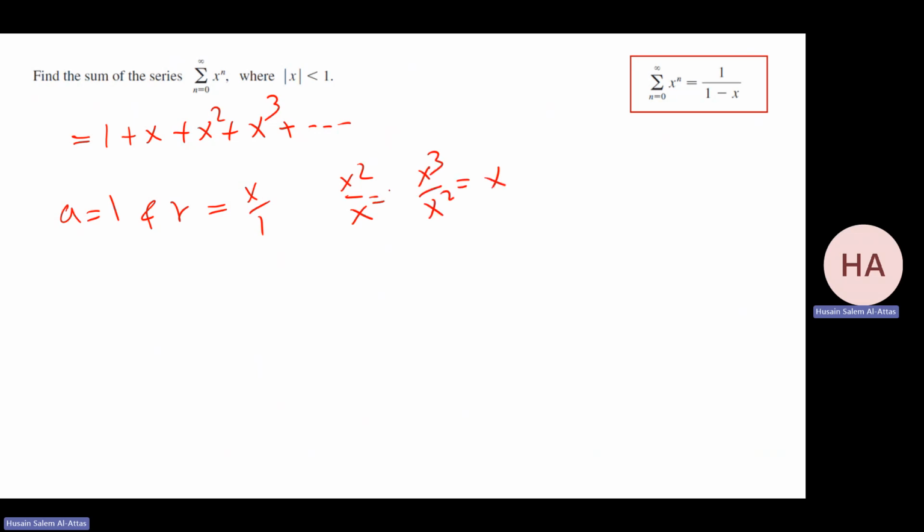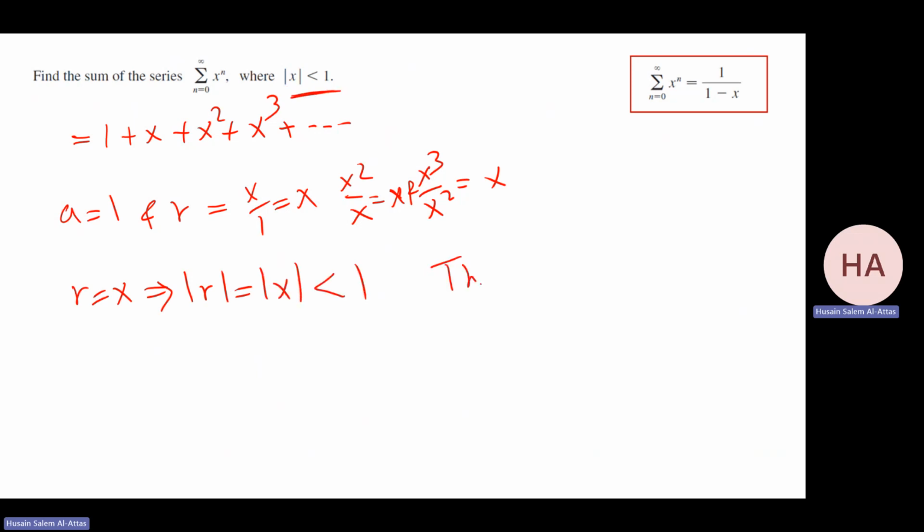All of these are equal to x. So R equal x, and the absolute value of R, which is the absolute value of x, is less than 1.